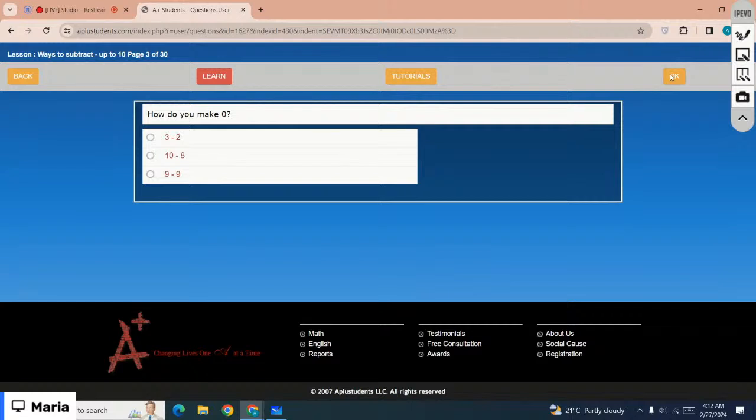The correct option is 9 take away 9. Subtracting a number from itself always makes a 0. So that's the last option. Got it?